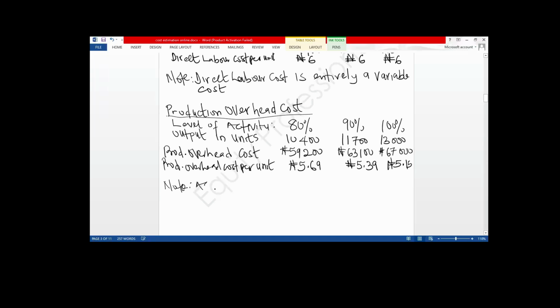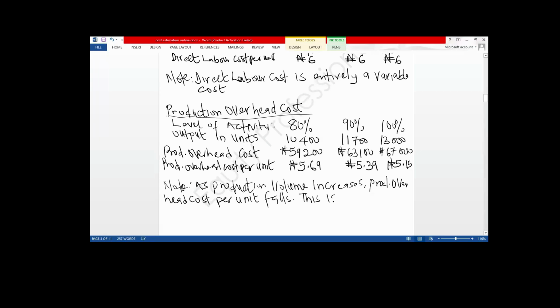Note as production volume increases, production overhead costs, overhead cost per unit falls.